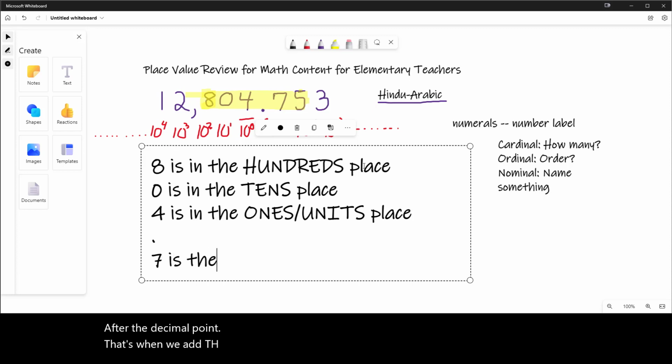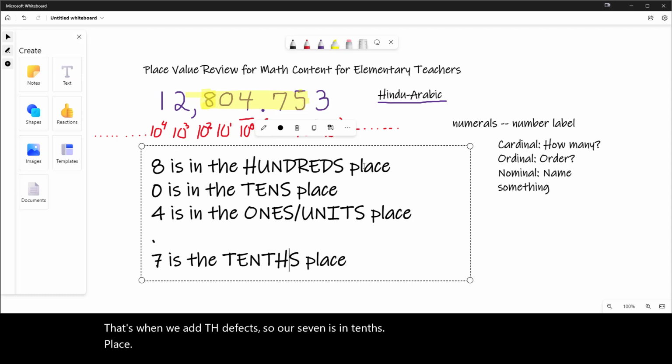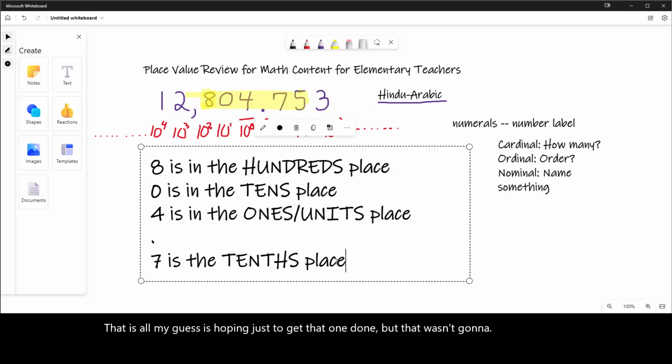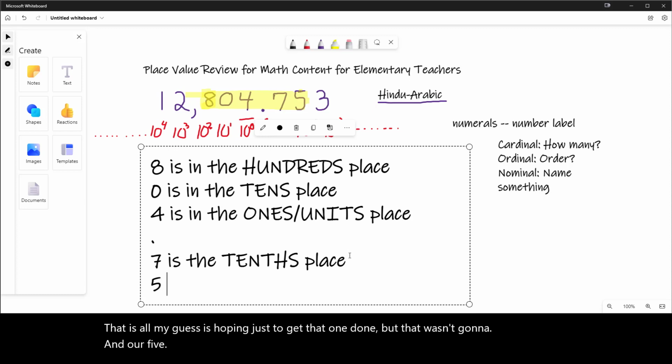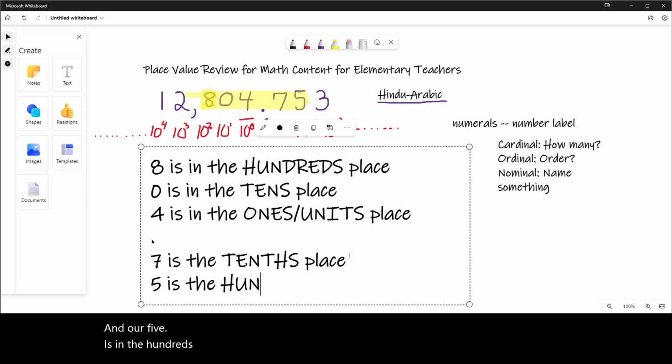So our 7 is in the tenths place. And our 5 is in the hundredths place.